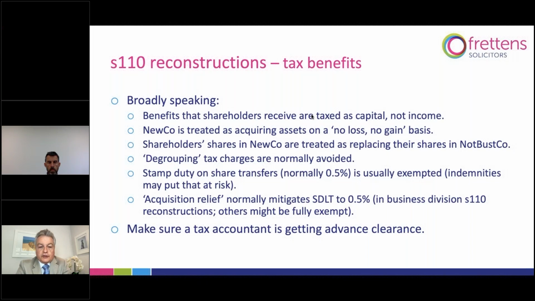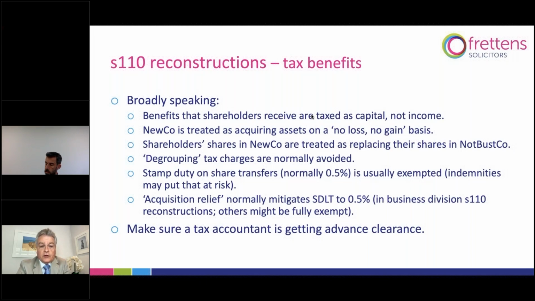You should be able to exempt the stamp duty that would otherwise be charged on the share transfers, and as I've already mentioned, if you have indemnities that are too broad, you may put that at risk. So it's going to be important to make sure the indemnities cover that point.